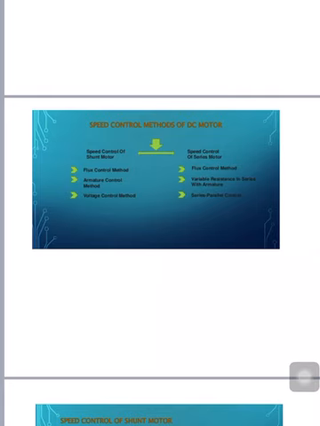Armature resistance control is commonly used. Here the controlling resistance is connected directly in series with the supply of the motor, and the power loss in the control resistance can be neglected, because this control method is utilized for a large portion of time for reducing the speed under light load condition.